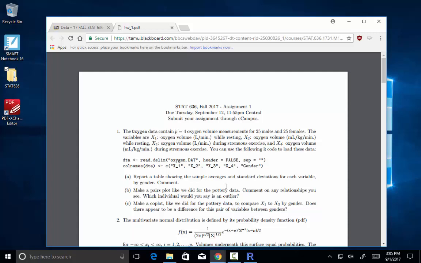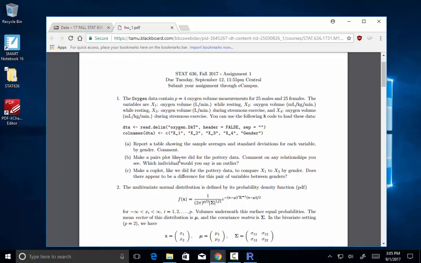So for each one of them, compute sample average, compute sample standard deviation. Then make a couple of basic multivariate pictures. I'll say more about these types of pictures momentarily, but a pairs plot and a coplot. Your topic 1 lecture notes and your textbook have some definitions of what those things are, pairs and coplot.